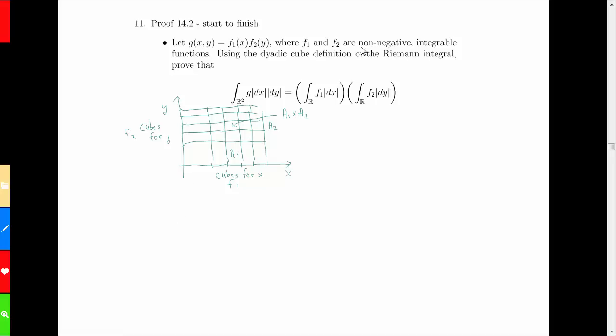Now, f1 and f2 are non-negative. In that simple case, the supremum of the product g, which is f1 times f2 over this cube, is equal to the product of the supremum of f1 over a1 times the supremum of f2 over a2.